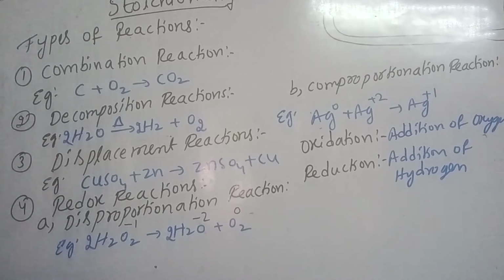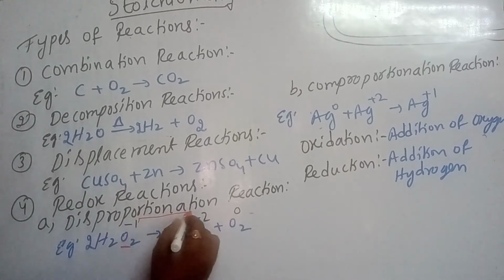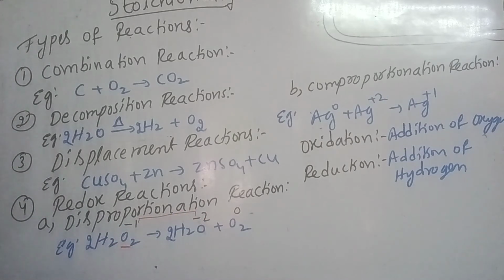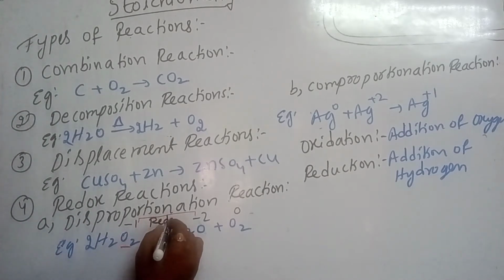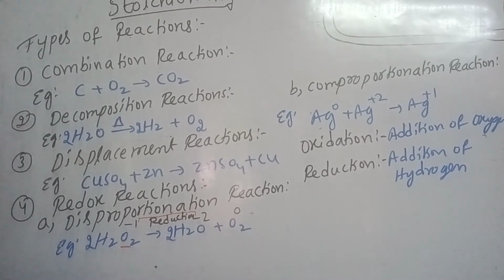What is the first rule of oxidation state? The oxidation state of any element in its molecular state is 0. We are taking only oxygen, not hydrogen. Oxygen goes from -1 to -2, which is a decrease; a decrease in oxidation state is called reduction.